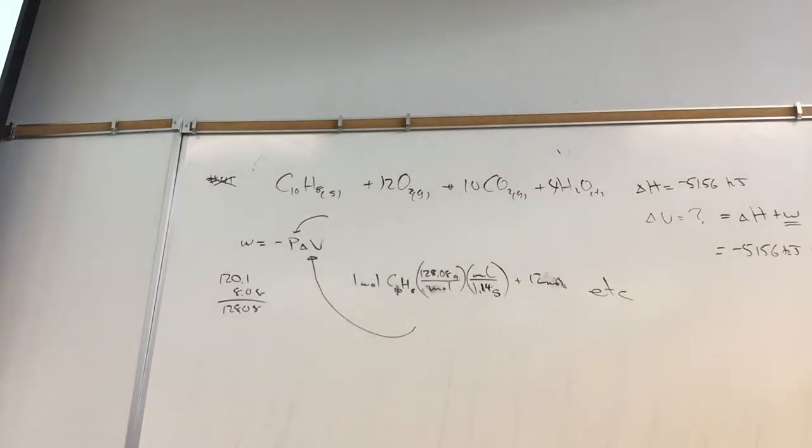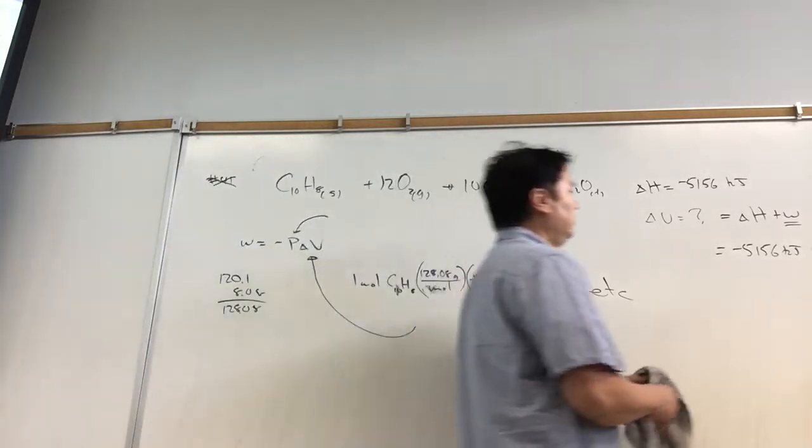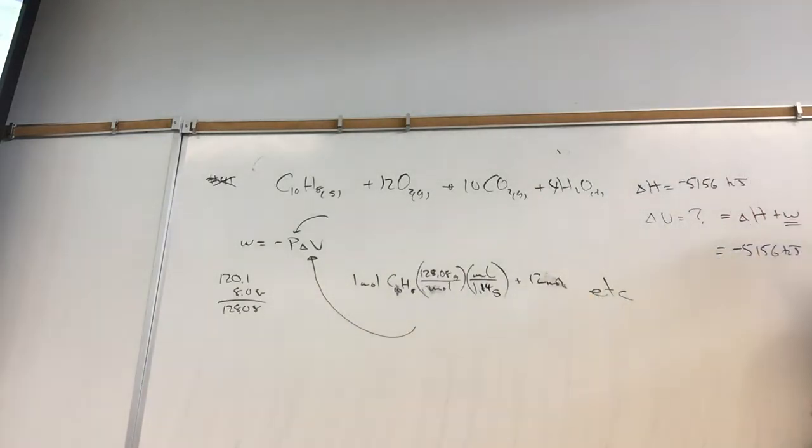Okay, now that's comparing delta U and delta H. Well, delta H for us is going to be much more useful than delta U. So let's focus on delta H. This work, was it done by the system or done by the surroundings? Done by the surroundings.